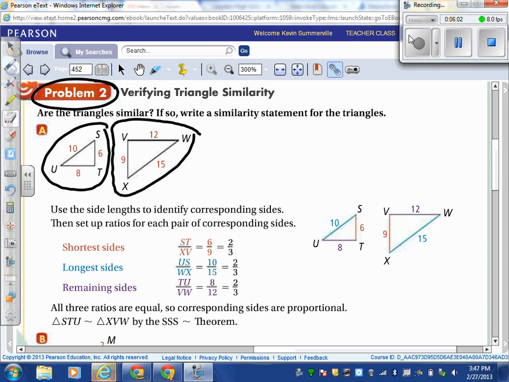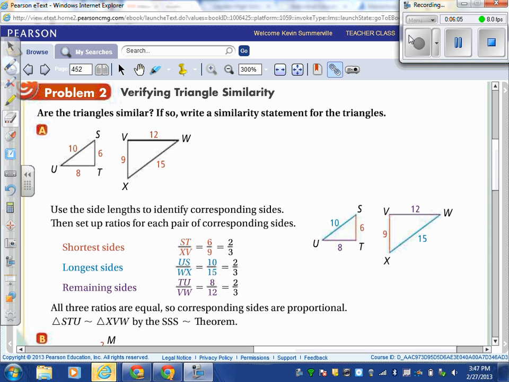So in this example, they took side ST, which is this part of the triangle, and side XB over that side of the triangle. If you set them up as a proportion, you get 6 over 9, which reduces to 2 over 3. So one proportion is 2 over 3.